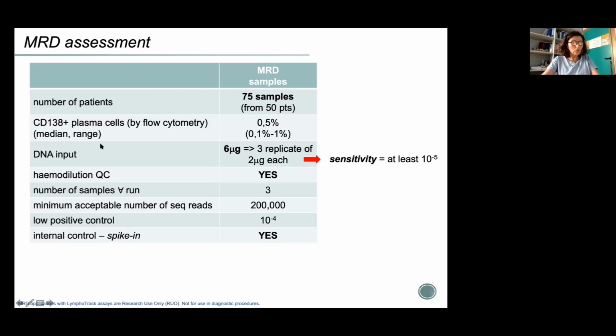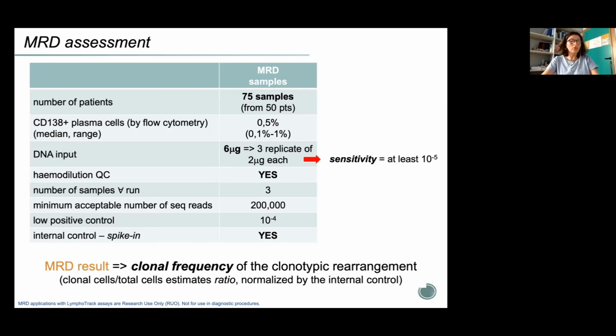We also use a low positive control for each run, and an internal control is spiked in every reaction in order to define the clonal frequency of the clonotypic rearrangement, and also to be able to compare results coming from different runs.